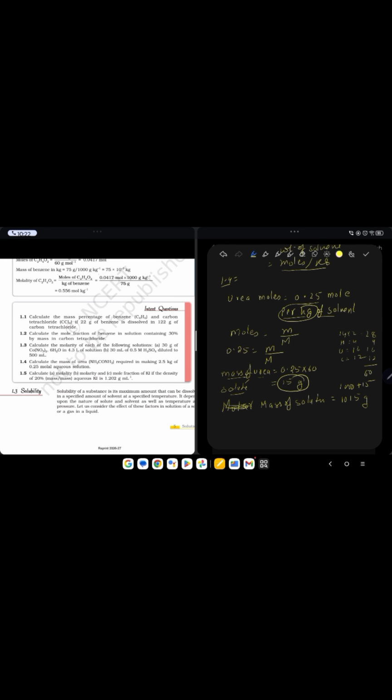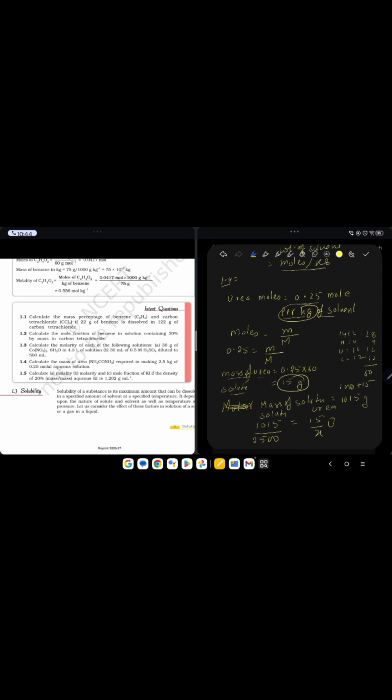When mass of the solution is 1015, urea is 15 in it. Then the solution is 2.5 kg, which is equal to 2500.